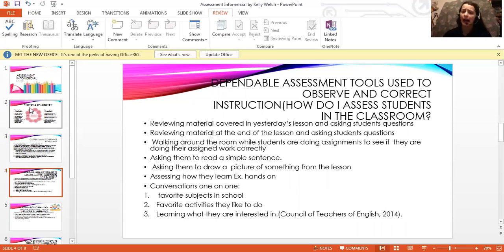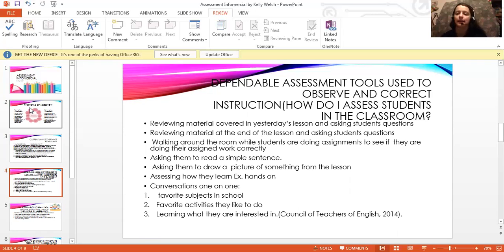So how do I assess students in the classroom? I assess in a number of ways. There are always three ways I assess every day. First, whenever I start a lesson, I will review what we have learned yesterday and ask them questions about what they remember from that lesson.